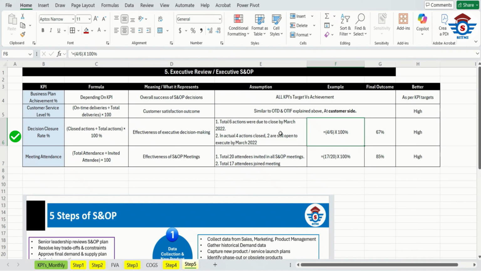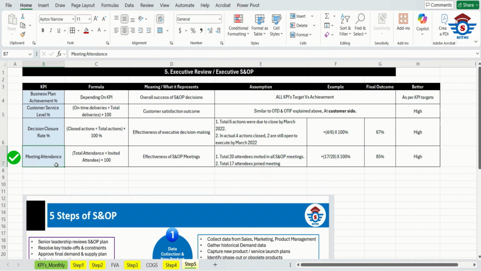So when we put that particular number in our formula, that means closed actions are 4 divided by total 6 actions times 100%, then our final outcome is we have taken only 67% of the actions into the execution phase, and rest 33% actions are still not closed within the timeline. Now, when this percentage number is on higher side, this represents actions are well taken within defined timelines.